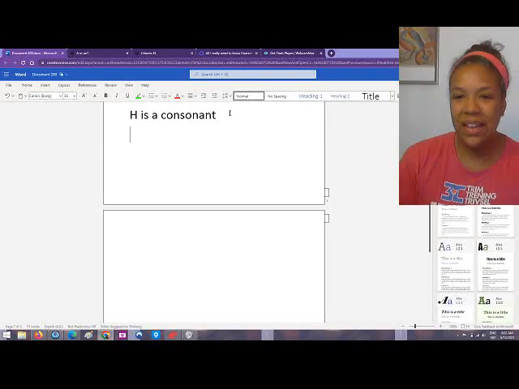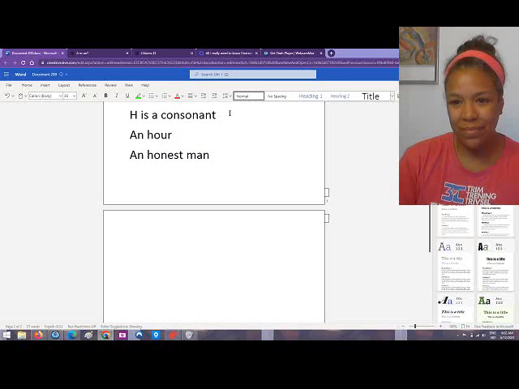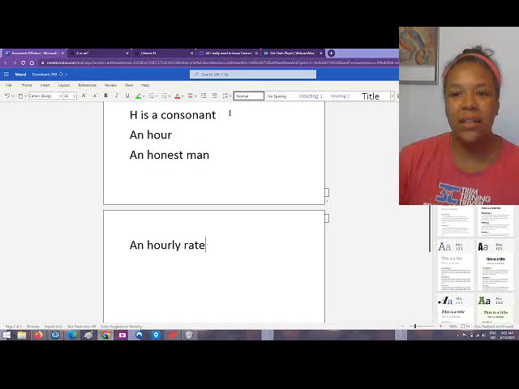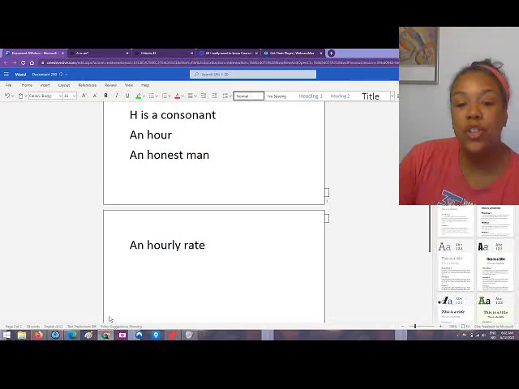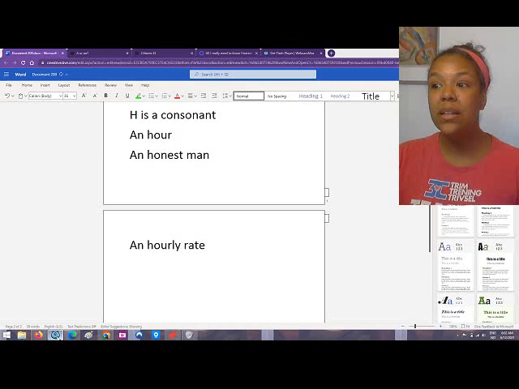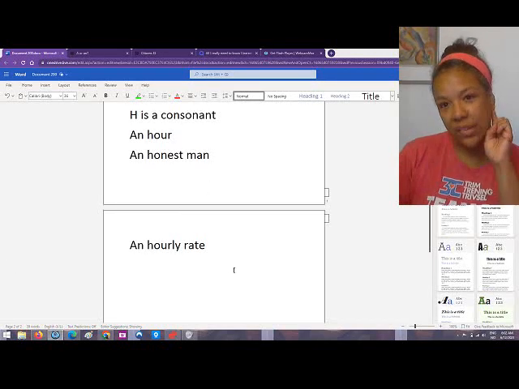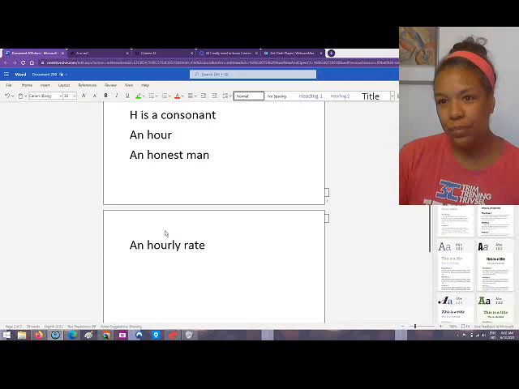But it's silent in this word, so it's an hour, an honest man, an hourly rate. So every time the H is silent, you will still use an, because the first sound that you hear is a vowel, all right?